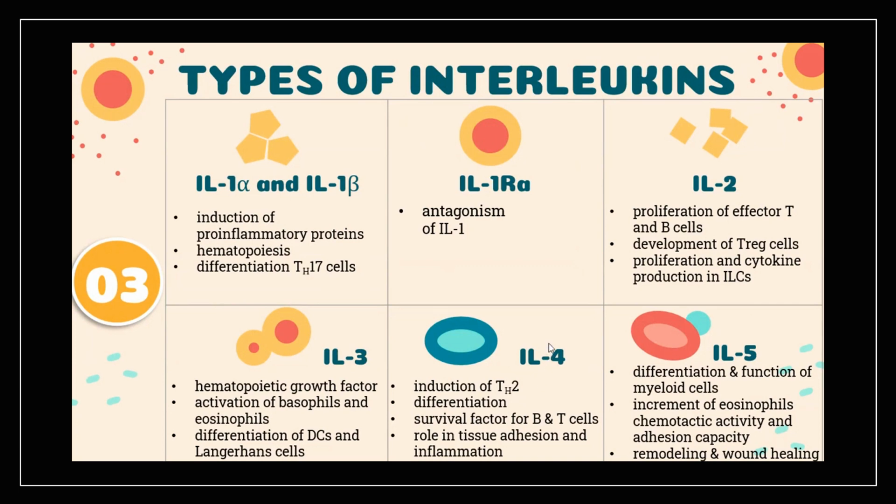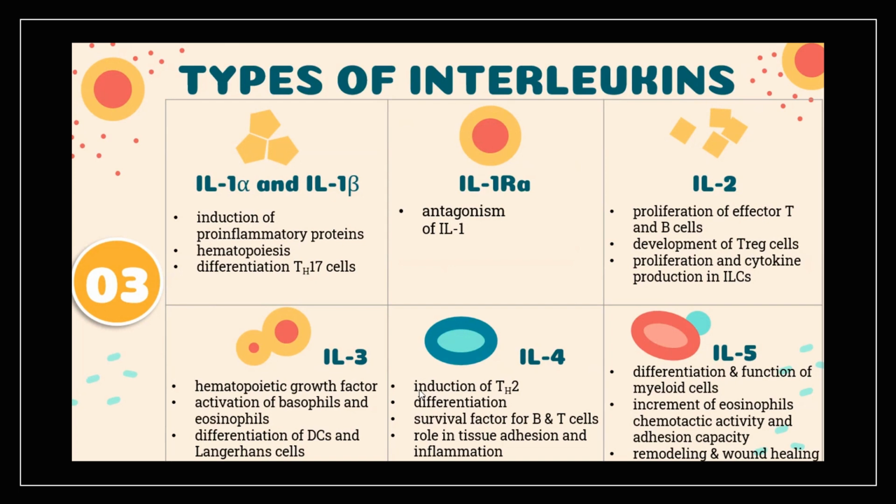First, for the interleukin 1 alpha and the interleukin 1 beta, we have the major function of induction of pro-inflammatory proteins, hematopoiesis, and differentiation of type 17 T helper cells. They originate from the macrophages, monocytes, and dendritic cells. They are targeting T cells, fibroblasts, epithelial, and endothelial cells.